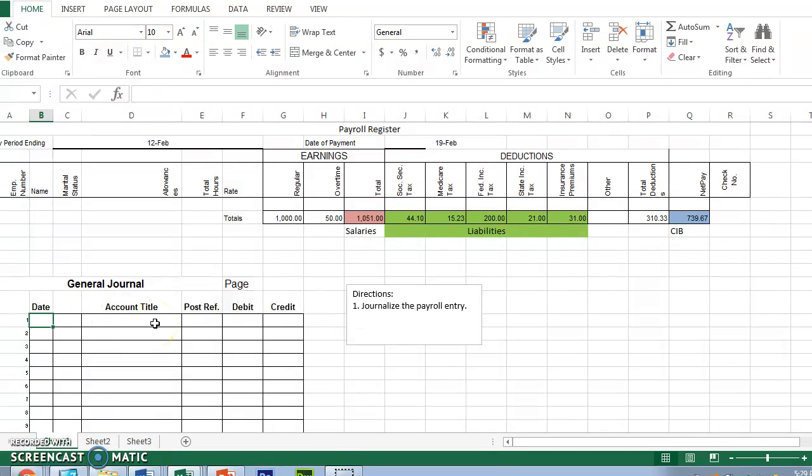Journalize, put in the year, February 19th, date of payment, February 19th, and we'll debit our salaries expense for $1,051, and then we did create liabilities, so we're going to have to credit our liability accounts.